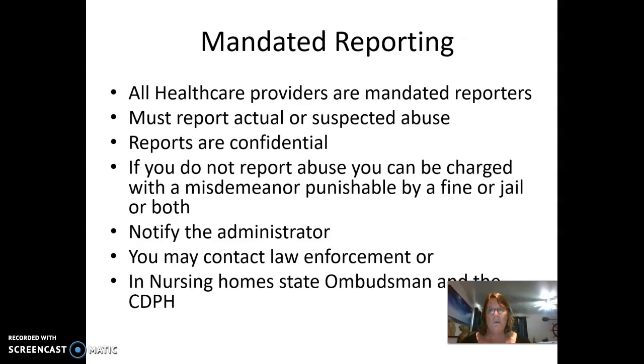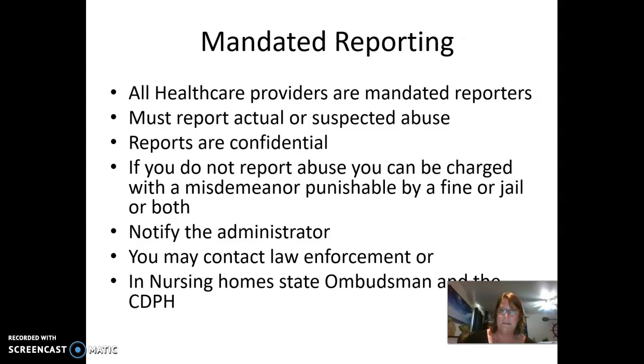So when we report, we may contact law enforcement or, in nursing homes, the ombudsman, or the California Department of Public Health if we choose to. But it's usually law enforcement or the ombudsman. Now, I mentioned that the ombudsman is a person who is there to make sure the residents' rights are being met. It is a volunteer position. They're not paid by the nursing home or by the state.